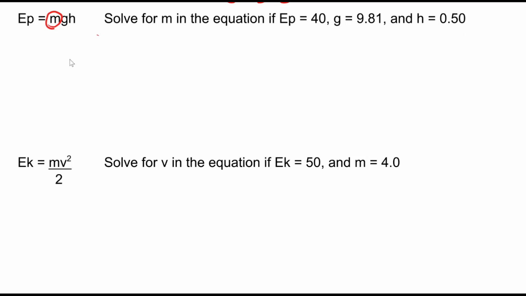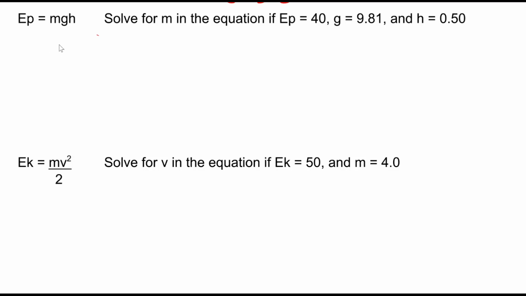Okay, no problem. So EP equals MGH. Well, what's happening to the M? What mathematical operation is happening to the M? Well, the M is being multiplied by G and H all at the same time.